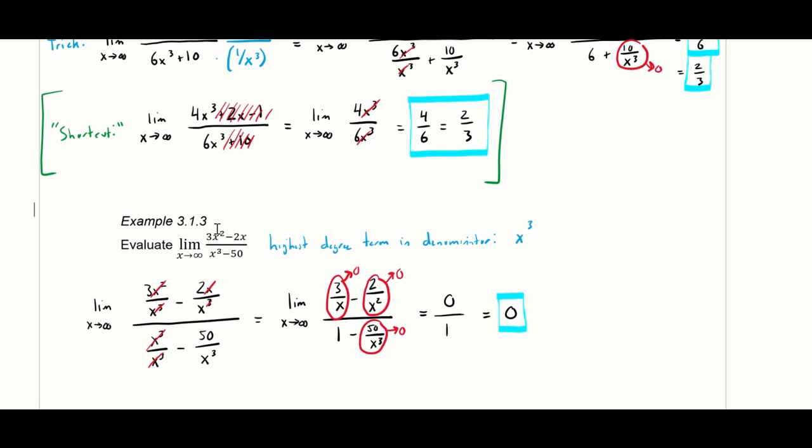It's going to grow faster and faster, overwhelming the numerator, giving us that 0 over 1. So that overwhelmed numerator that can't do anything is going to go to 0, meaning the whole limit is going to go to 0. That denominator of 1 is enough in this case because the numerator itself is 0.